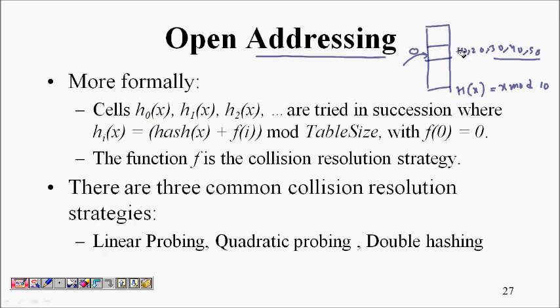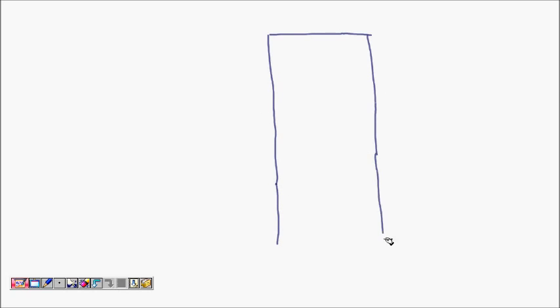So I will give you one good example of what will happen here. We have the hash function h(x) equal to x mod 10.